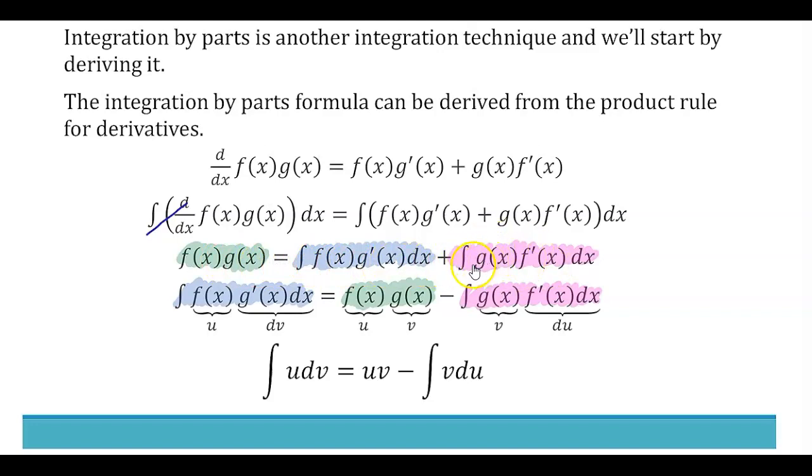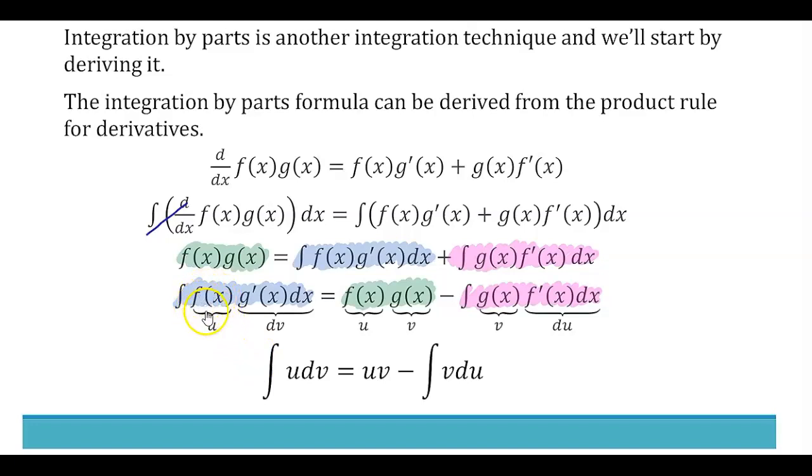So the integral of g of x times f prime of x, we're going to go ahead and subtract that to the other side. So f times g minus the integral of g of x times f prime of x is on one side, and then the integral of f of x times g prime of x stays on the other side. So here we have the integration by parts formula, but we recognize it using different variables.